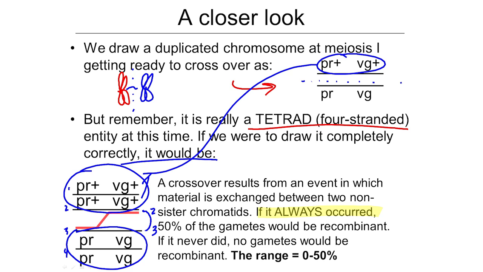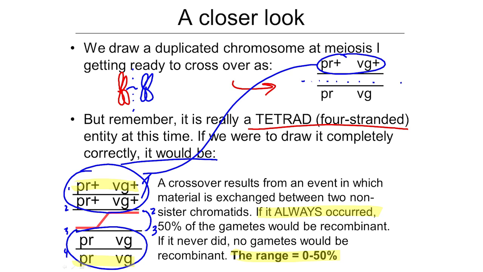Because under that scenario, that one there and that one there didn't get touched. They weren't involved in the crossover. They were just sitting on the sidelines while the other two were trading their parts. So if that crossover happened 100% of the time, you would still only get 50% recombinant gametes. And that's the key of why the range is 0 to 50%. Because I just said if it happened all the time, it doesn't happen all the time.